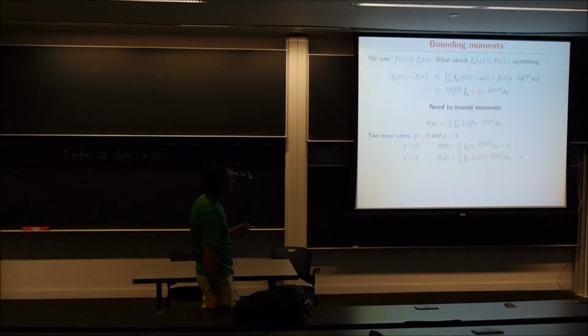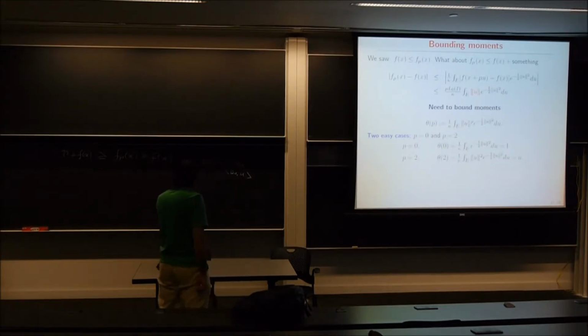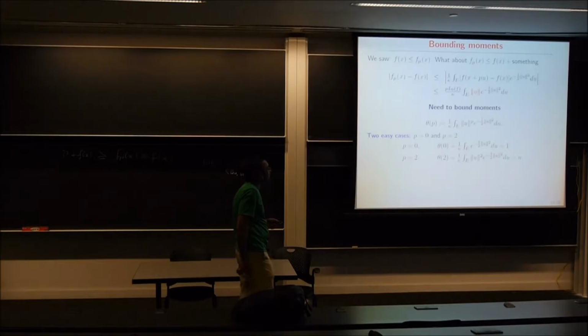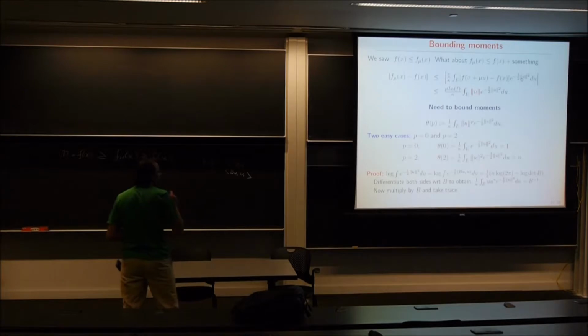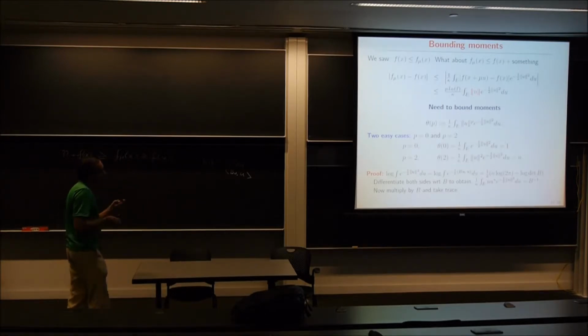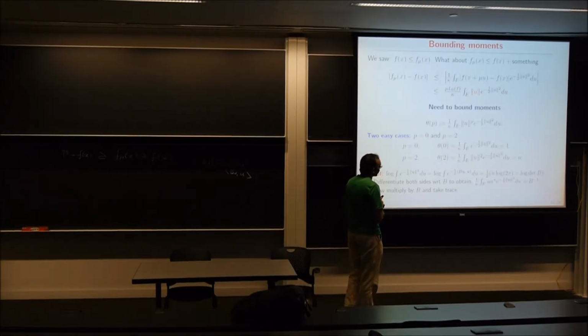The trivial cases: if p is 0, then of course theta of 0 is just 1. That's by definition. If p is 2, you're looking at that second moment. That is actually equal to n, the dimensionality. Why is that? Let's go through a short proof, or you might want to prove it yourself. Let me go through it slowly here. This is essentially Yuri's proof.